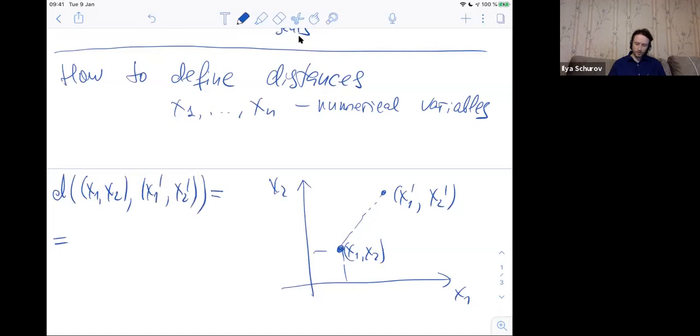Yes, we can use the Pythagorean theorem. And what is the formula? We have x1 here and x1 prime here, so this distance is x1 prime minus x1. And the same here: we have x2 here, x2 prime here, so this distance is x2 prime minus x2. And how to find this distance?